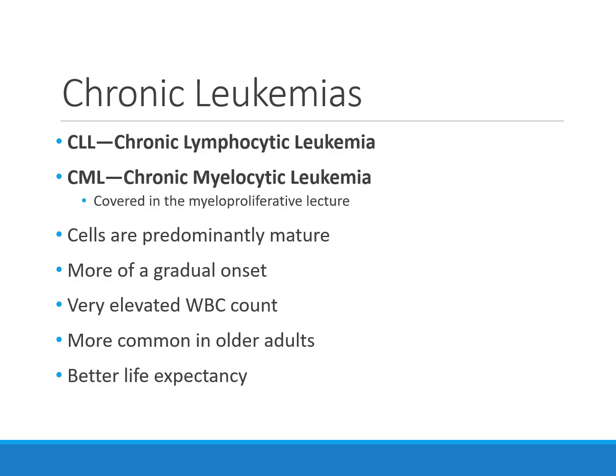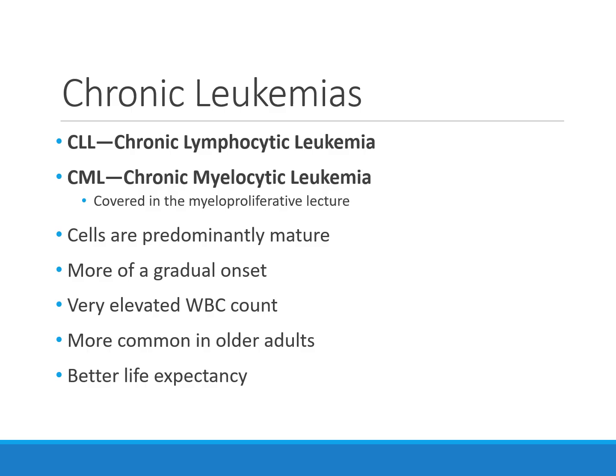However, this is the one condition that can cross over into two classifications, so to speak. So it can be considered as both a myeloproliferative disorder and a chronic myelogenous or myelocytic leukemia. So more on that later on.